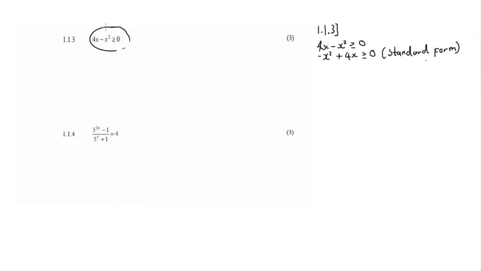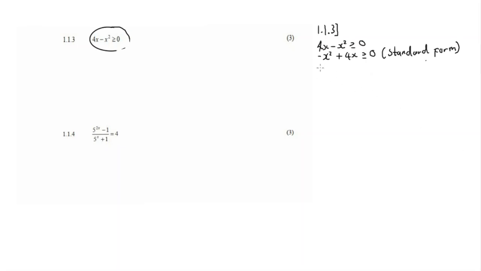In other words, I remove the negative x squared, I want x squared to come first. But there's a problem. I don't want the x squared to be negative. I want to make sure my x squared always stays positive.